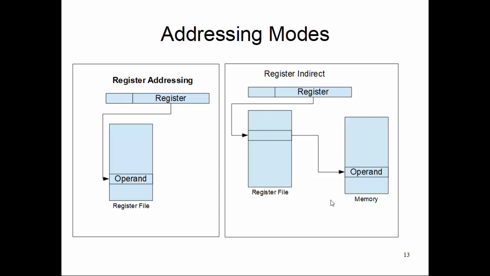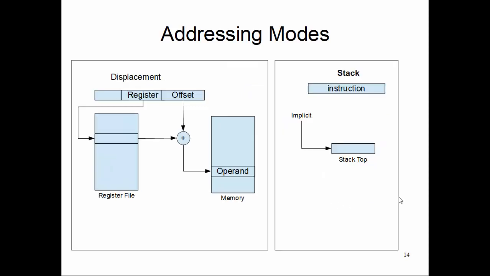Then we have displacement. CS147, especially DV, has displacement examples for load word and store word. This is relative addressing, displacement addressing with an offset; different names can be used. The idea is that you define both a reference to the register, meaning the number of the register to access, and an offset.